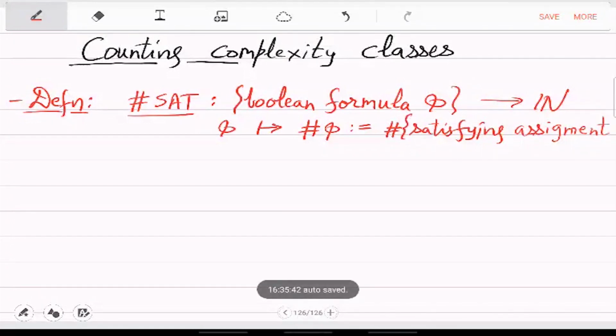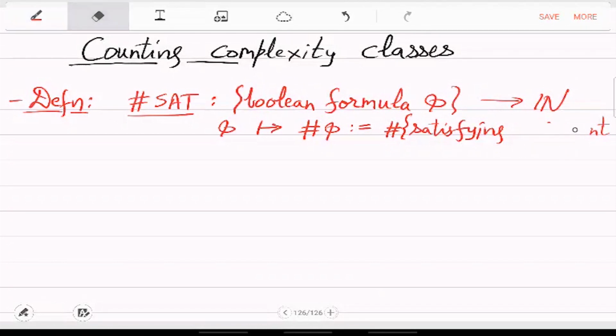So, the number of satisfying assignments of phi. Okay, that is what this functional question is.